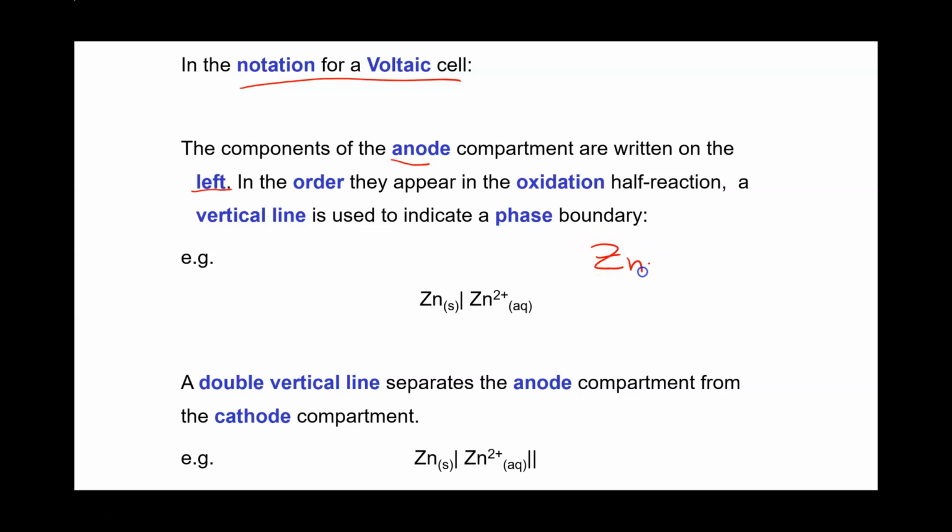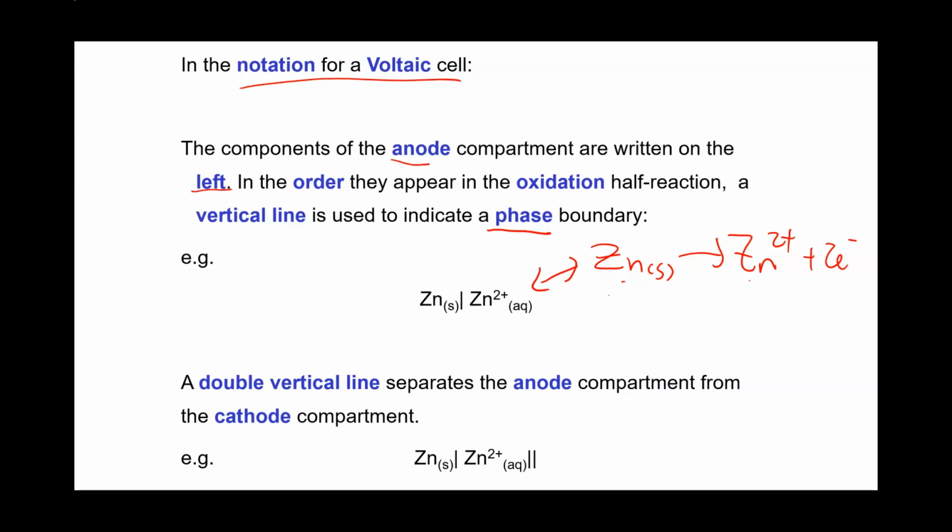So for us, zinc solid goes to zinc 2+ and 2 electrons. I'm writing the two species other than the electrons that appear in this half reaction, and every time there's a change in physical state or phase, I put a vertical line. So this is notation representing that reaction.